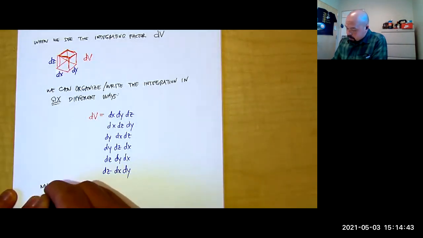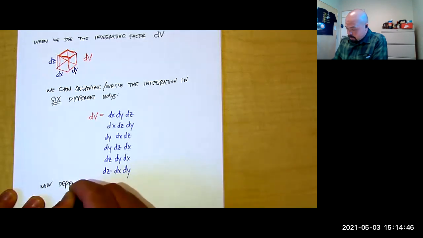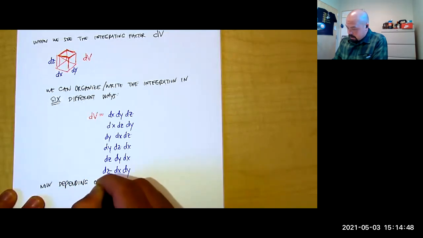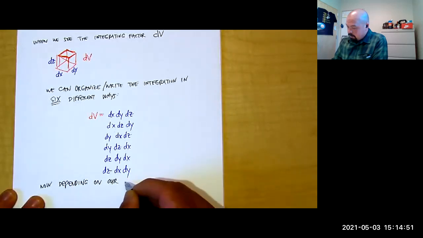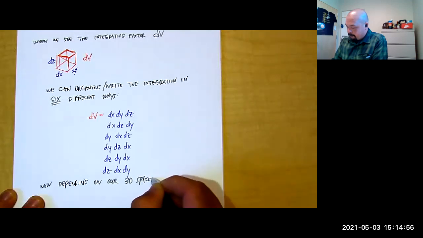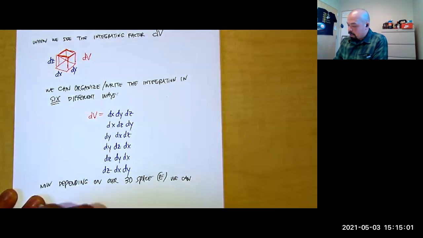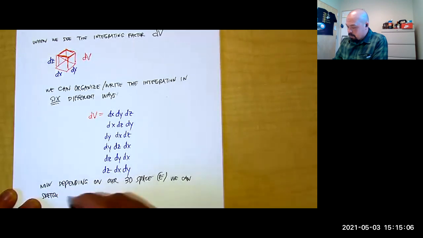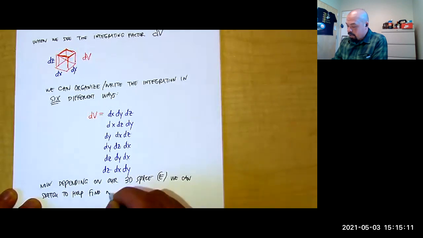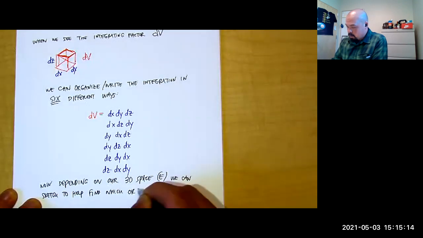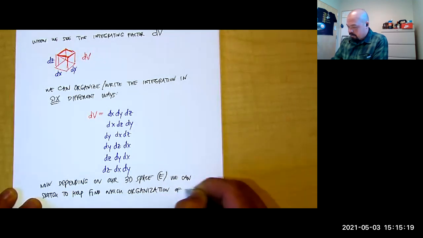So now, depending on our 3D space E, we can sketch to help find which organization of that dV, right?